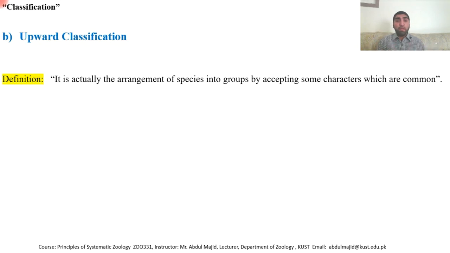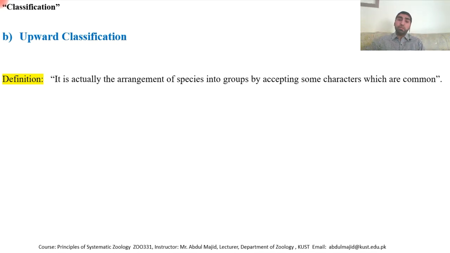We collect species and study their characteristics. On the basis of their similarities, we place them into one group, and so on and so on, and we go up and up to phylum, kingdom, and domain level.